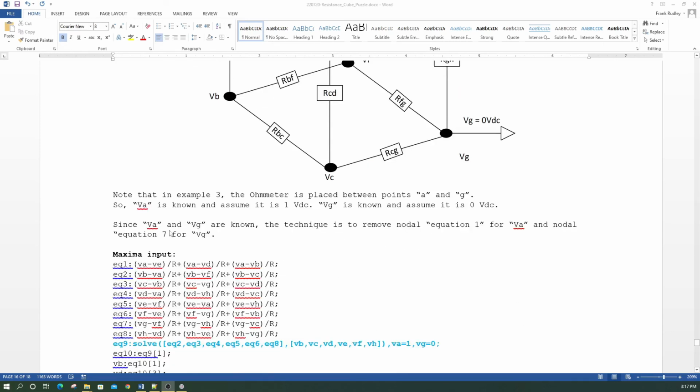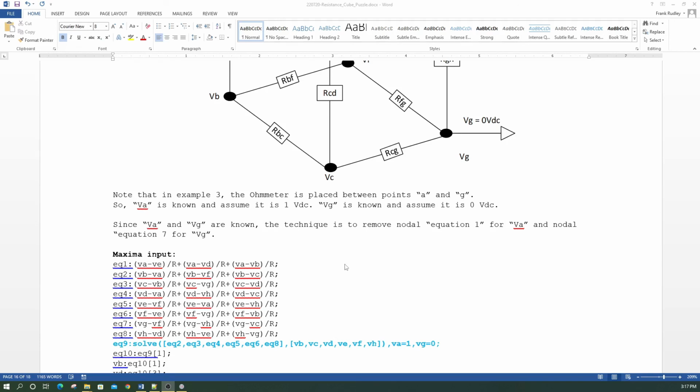Since VA and VG are known, the technique is to remove nodal equation 1 for VA and nodal equation 7 for VG. We're removing these equations because we had linear dependence, which was an issue with solving the equations.